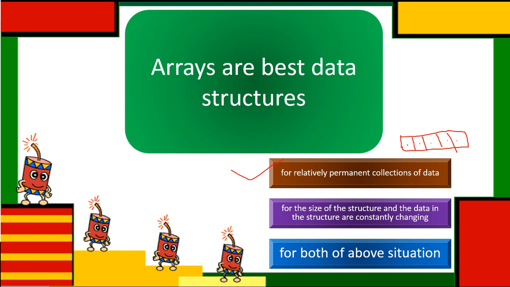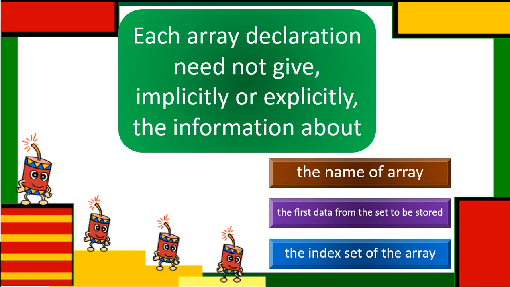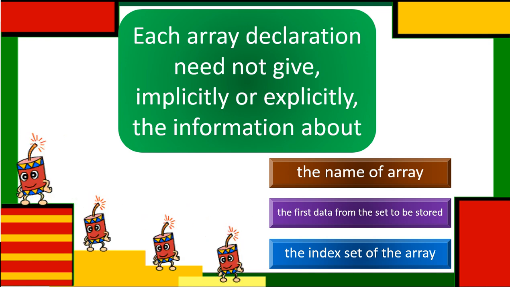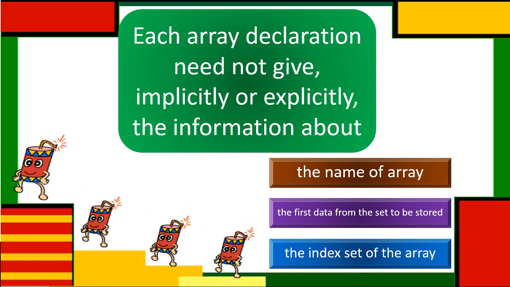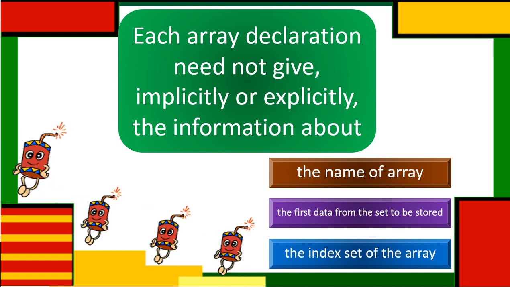Okay, so the next question is: each array declaration need not give, implicitly or explicitly, the information about: the name of the array, the first data from the set to be stored, the index set of the array.